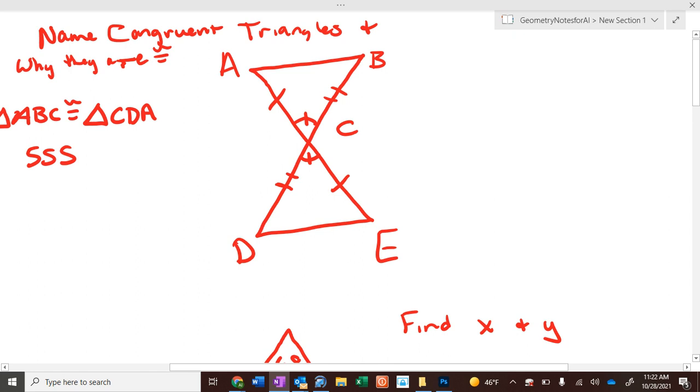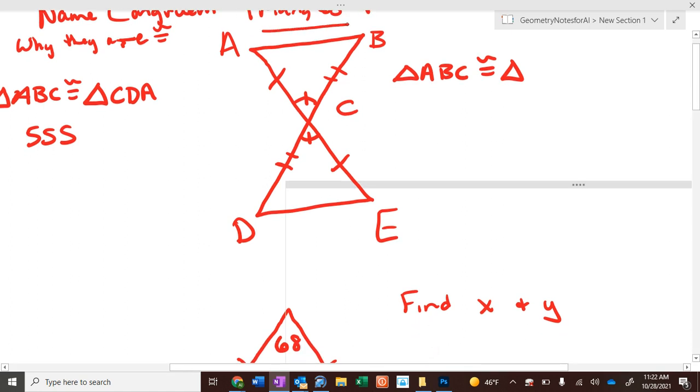Yeah, we can say triangle ABC is congruent to some other triangle. Now we got to go order of letters down there. I went across the empty side and then across the 2 mark side.